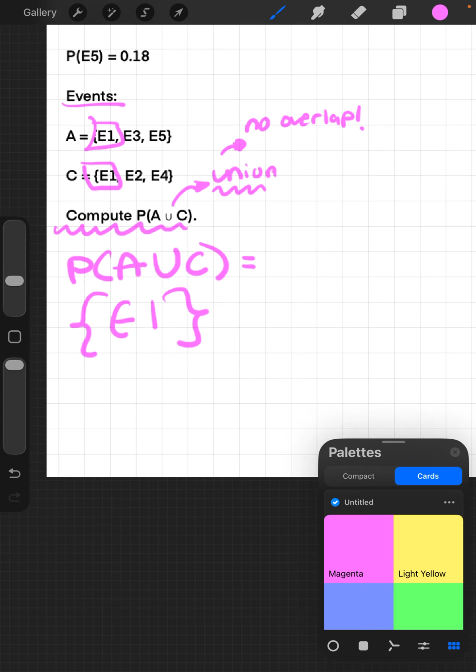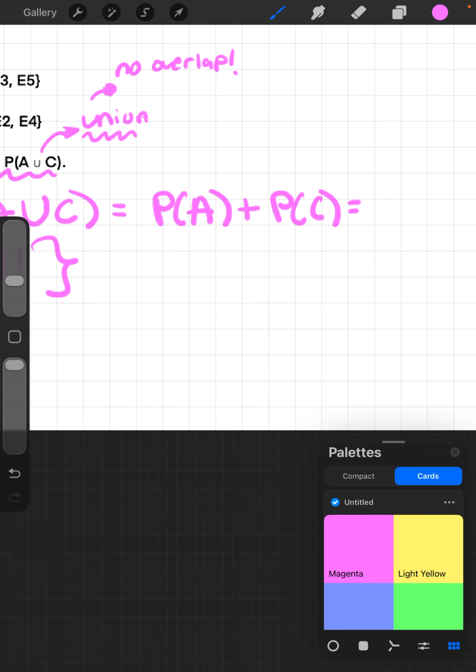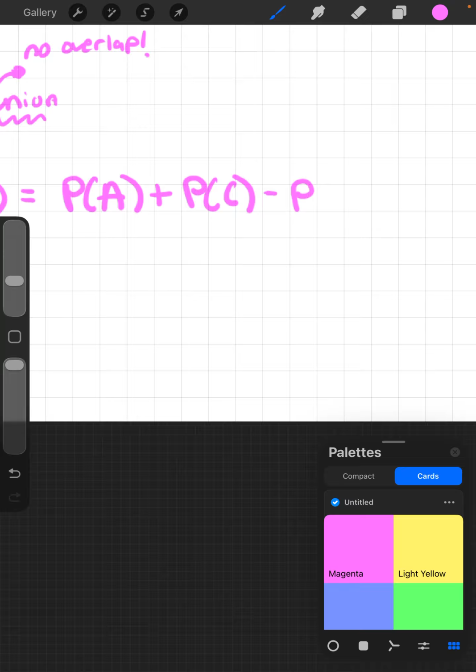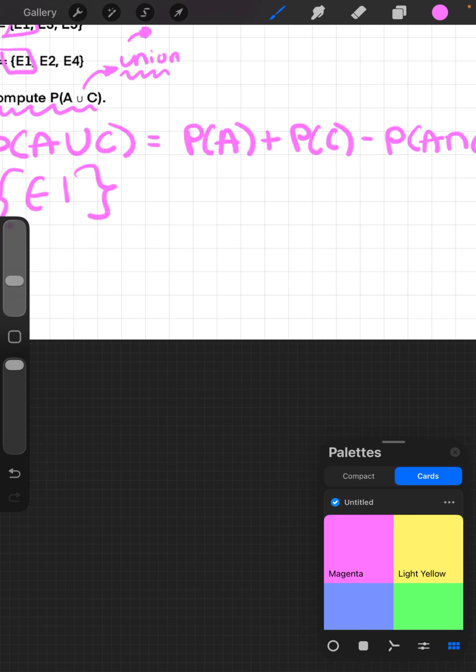I'm going to do the probability of A plus the probability of C, and wait, now I have to subtract it. Yes, I have to subtract P of the intersection of that. I'm going to write it out and simplify it.